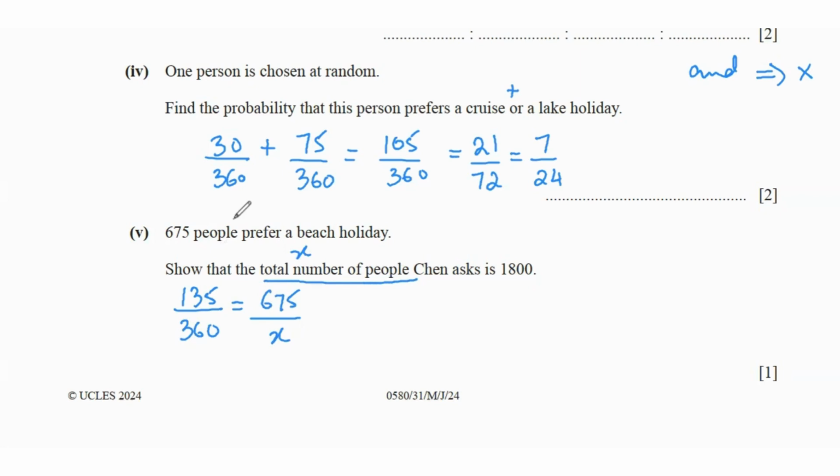Because 675 people prefer the beach holiday, so that amount of people is represented by the angle 135. And the total number of people is represented by the total angle of the pie chart, which is 360. So 135 over 360 is the same as 675 over the total number of people. Cross multiply to make x the subject. So it's going to be 675 times 360 divided by 135. And that is going to give us 1800.